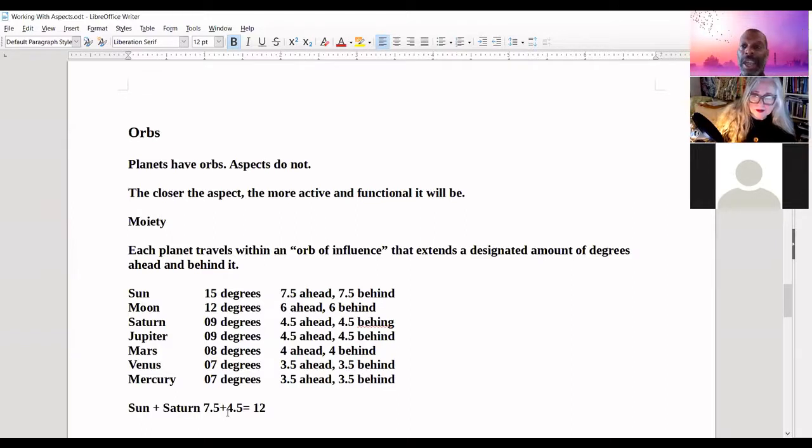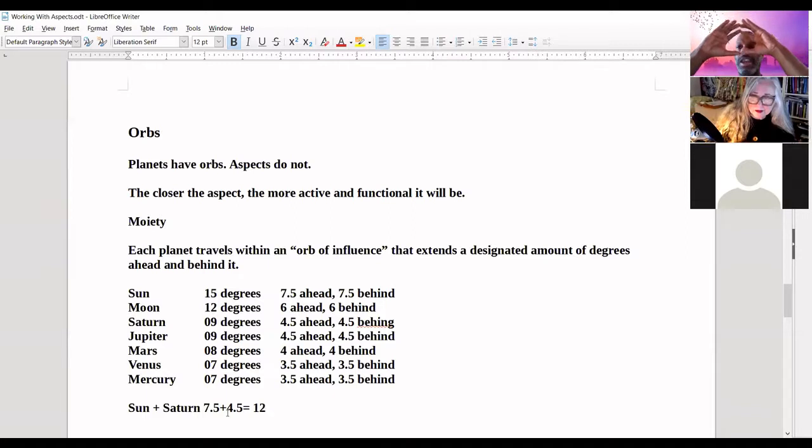You can think of it as this is Saturn's orb, and then the sun puts its orb on top. So the sun's orb and Saturn's orb at 12 degrees come together.